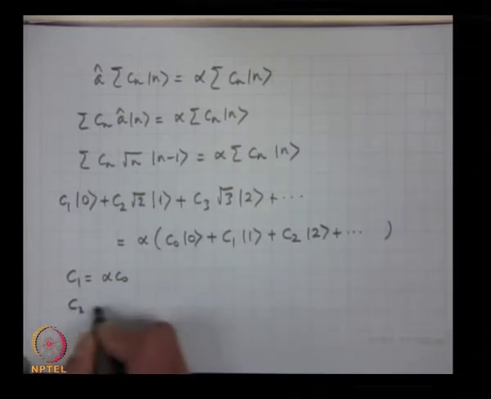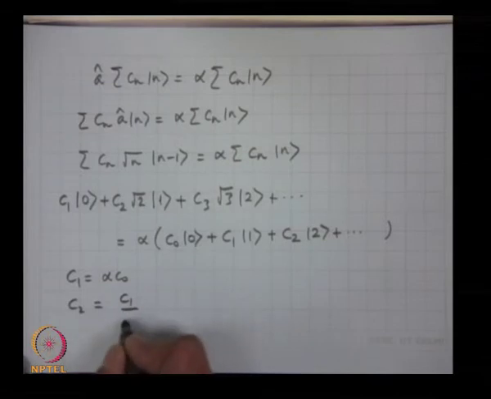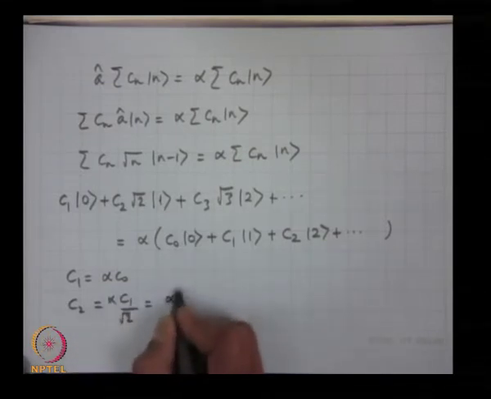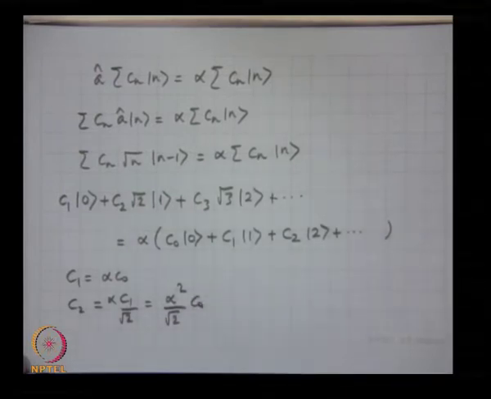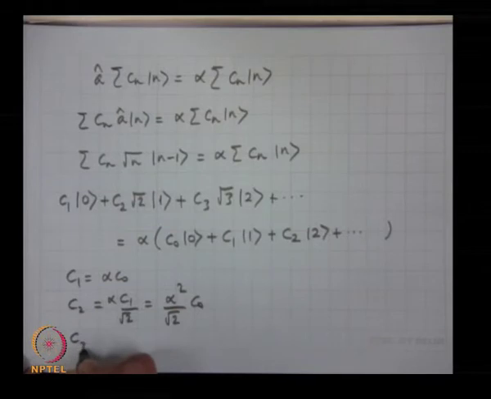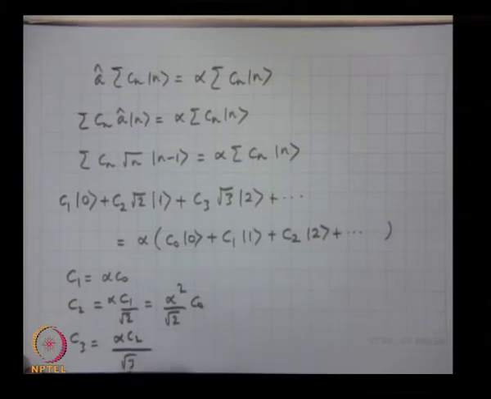C2 will be equal to alpha C1 by root 2, which is equal to alpha squared by square root of 2 into C0. C3 will be alpha C2 by square root of 3, which is equal to alpha cubed by square root of factorial 3 into C0.